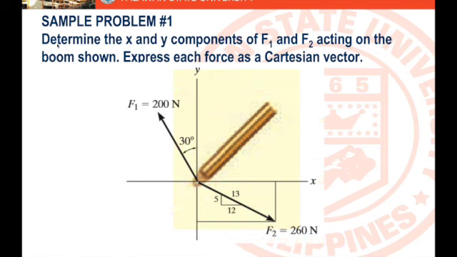What we need to do is to determine the x and y components of F1, given here as 200 newtons, and F2, given as 260 newtons, acting on the boom shown. So our task is to express each force as a Cartesian vector. If you can recall, the Cartesian vector form is the one with the i and j unit vectors.